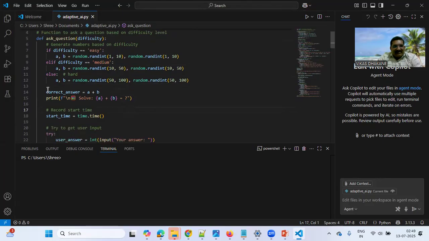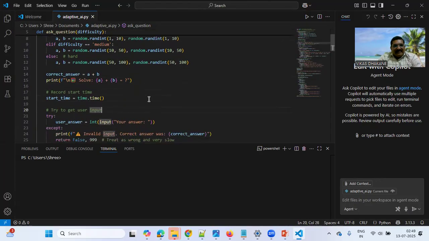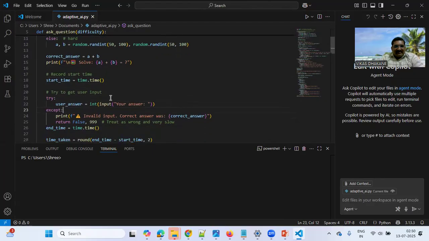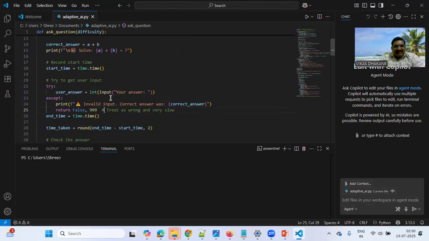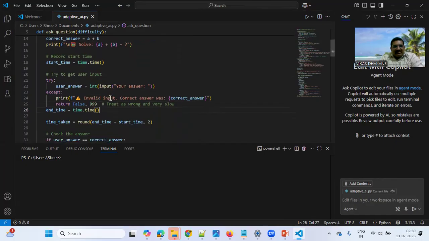Then here we are doing the addition after the learner gives the answer. Then this function records the starting time of solving that particular question, and this particular code we have also written for invalid input.